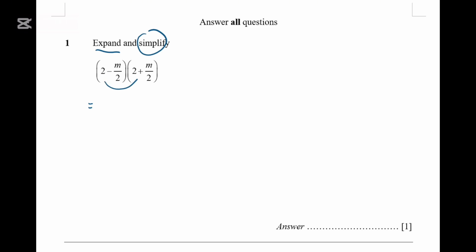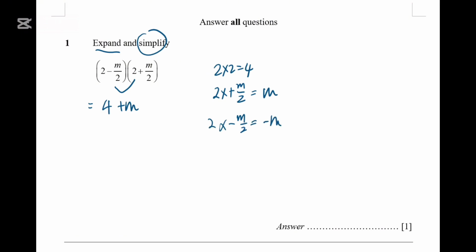We can start off by taking 2 times 2, which equals 4, right? And then after that we can go on to 2 times m over 2, which is m, a positive m. Then after that we will take negative m over 2 times 2, which will give me negative m.